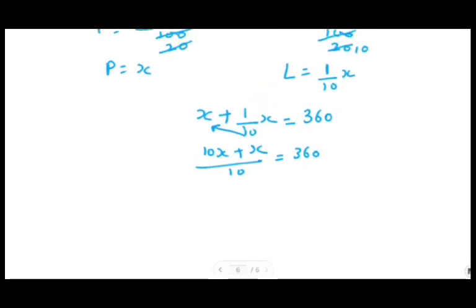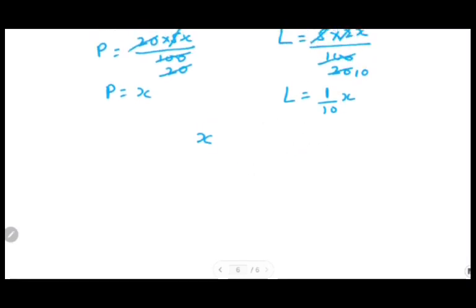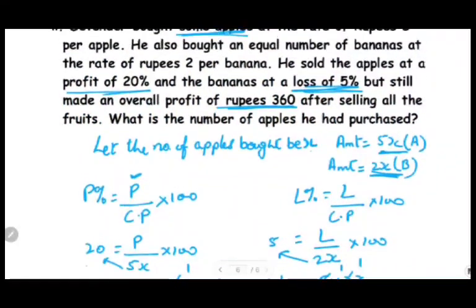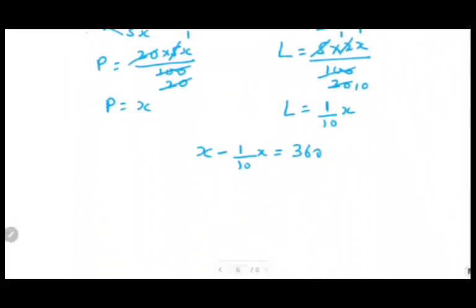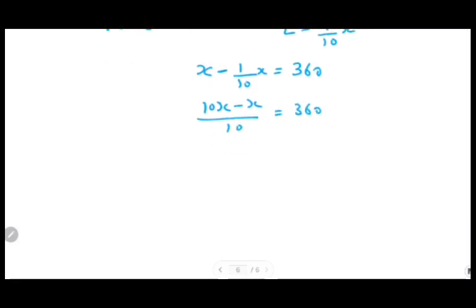No, I cannot add the profit. The loss has to be deducted, right? So x, which is the profit, minus the loss. I have to subtract the loss simply because it's the overall net profit. So 10x minus x upon 10 is equal to 360, correct?